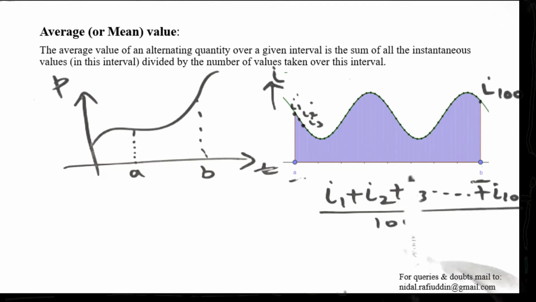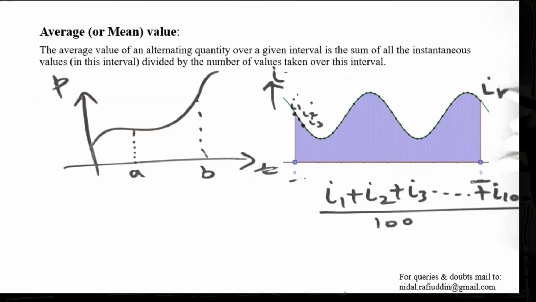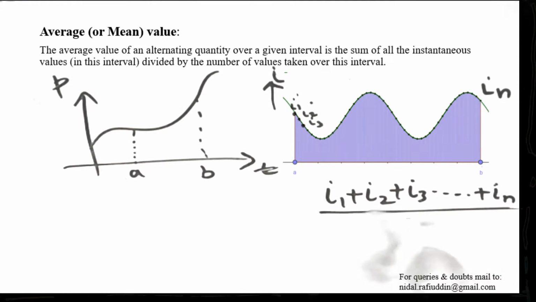So in this case we have 100 values, so we'll be dividing this by 100. And if we try to generalize this and we take this as n, this can be written as I1 plus I2 plus I3 up to In, and this will be divided by n.